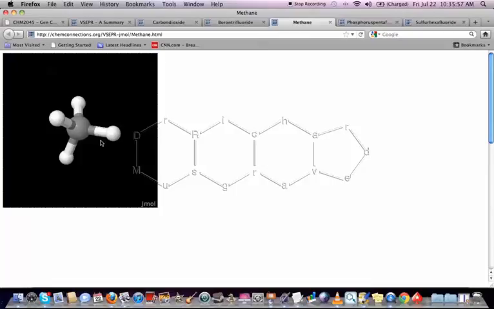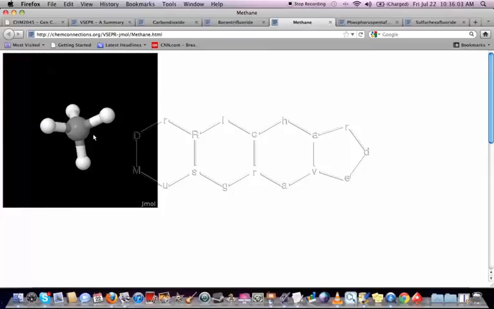Alright, so here's an example. This is CH4, and as you can see, we've got a shape now that is no longer planar, it is three-dimensional. Now what I'm going to do is arrange it so these two are actually in the plane of the screen, and what you'll see is that this one's sticking out and this one's sticking into the screen. When you do the math on this, what you'll find is that the bond angles are all 109.5 degrees.